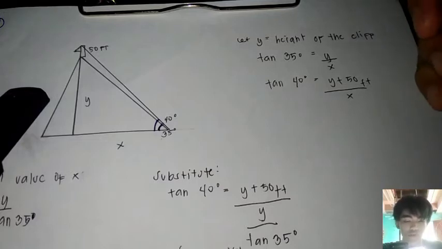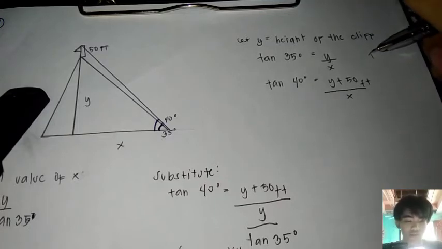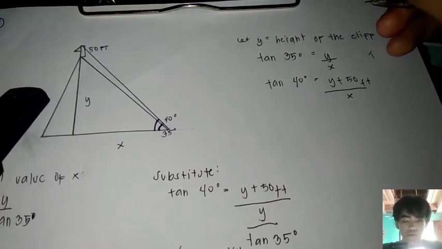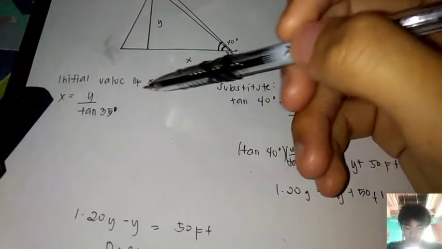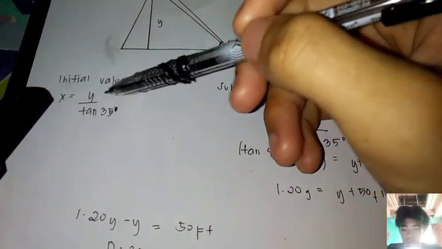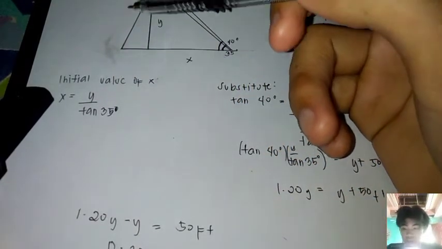So our equation is tan 35 degrees equals y over x, and that's equation 1. And for equation 2, we have tan 40 degrees equals y plus 50 feet over x. So we'll have the initial value of x, which is x equals y over tan 35 degrees.